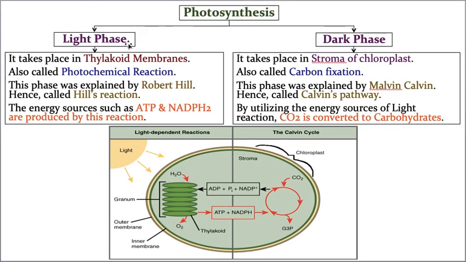In some textbooks it is also given as light reaction. The meaning is the same, so don't worry about the word. Whether you write light reaction or light phase, you don't need to be confused, because the meaning is the same. Whereas the other is the dark reaction or dark phase.